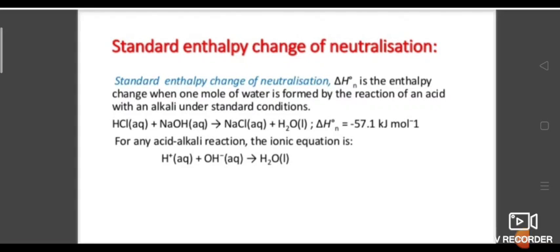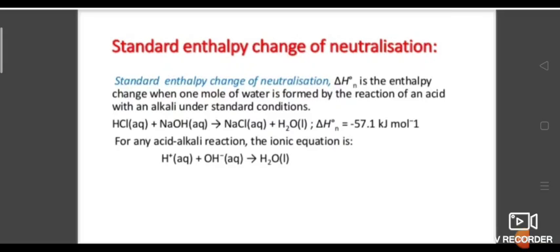The heat of neutralization of a strong acid and strong base remains constant and is equal to 57.1 kilojoules per mole because they are completely ionized in aqueous solution. In the case of a weak acid or weak base, the heat of neutralization is less than 57.1 kilojoules per mole because some energy is used in the dissociation or ionization of the weak acid or weak base.